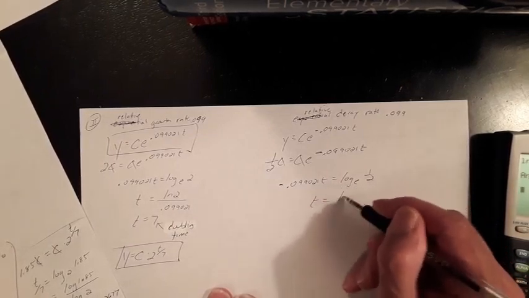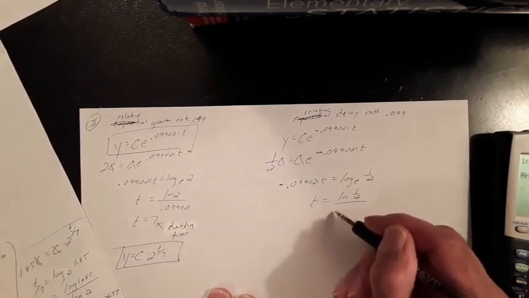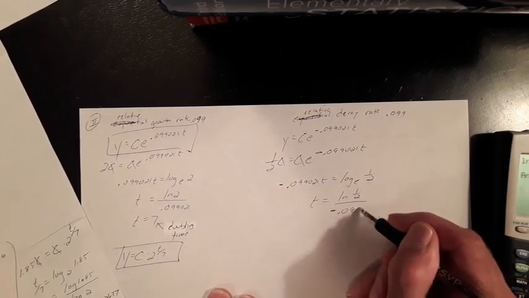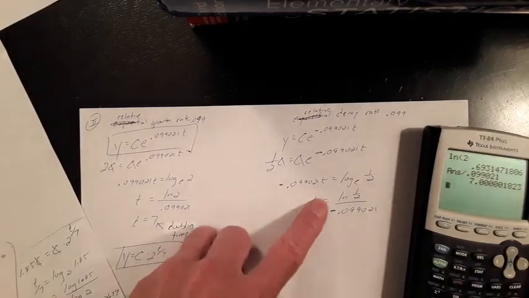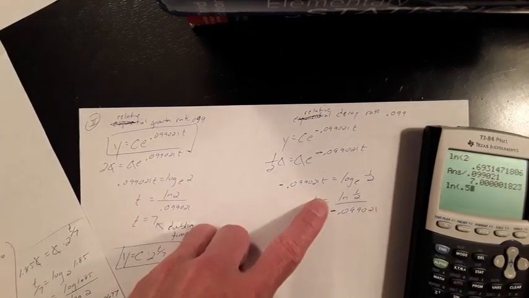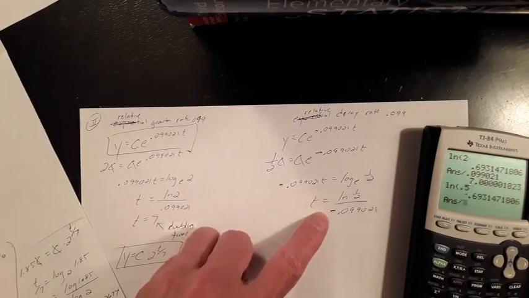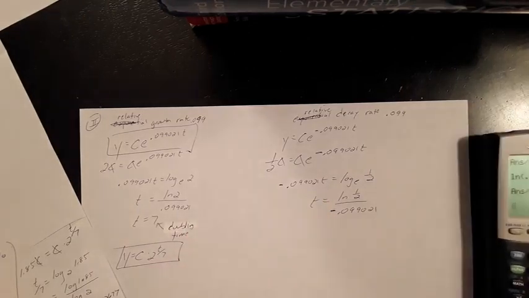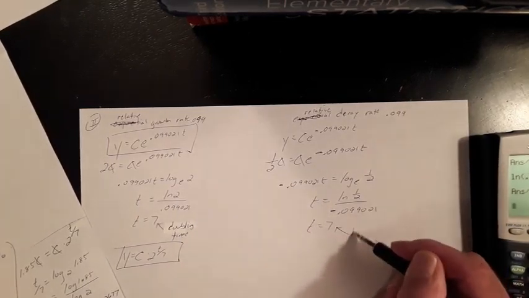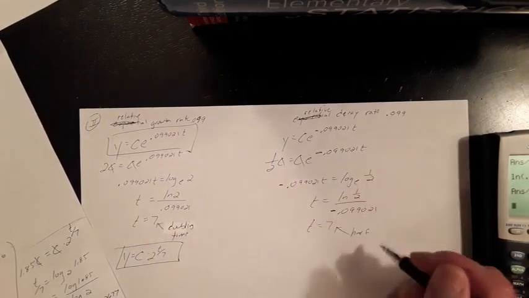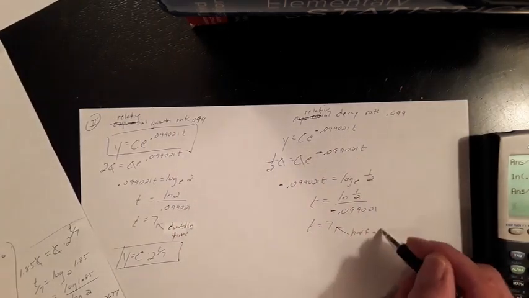This is the log base e, otherwise known as the ln. So here then we got the ln of a half divided by negative 0.099021, and now we've also got 7, but this 7 is the half-life, because I use the same number, but here's negative, here's positive. This is the half-life.